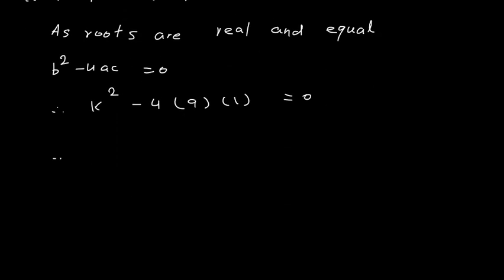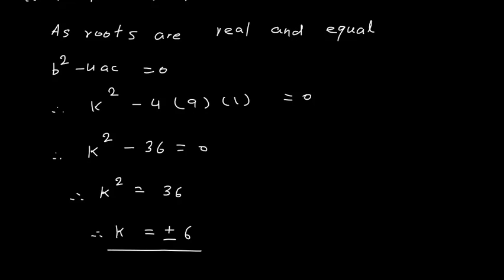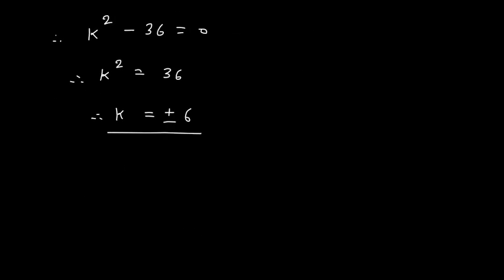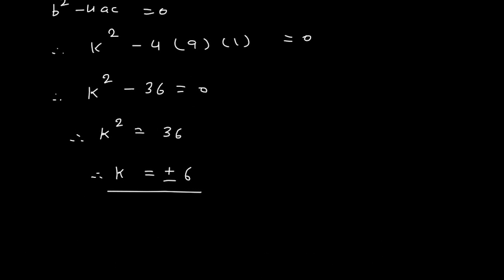So this gives us k square minus 36 is 0. So therefore it gives us k square is equals to 36. This gives us k is equals to plus or minus 6. So value of k is plus 6 or minus 6. This is the value of k.